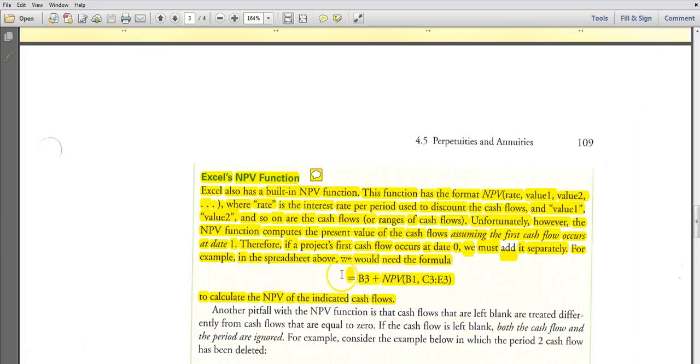If you look at how they do this extra little piece, you'll notice that B3 is what you have to add as your initial investment, and then over here is the net present value function going along.